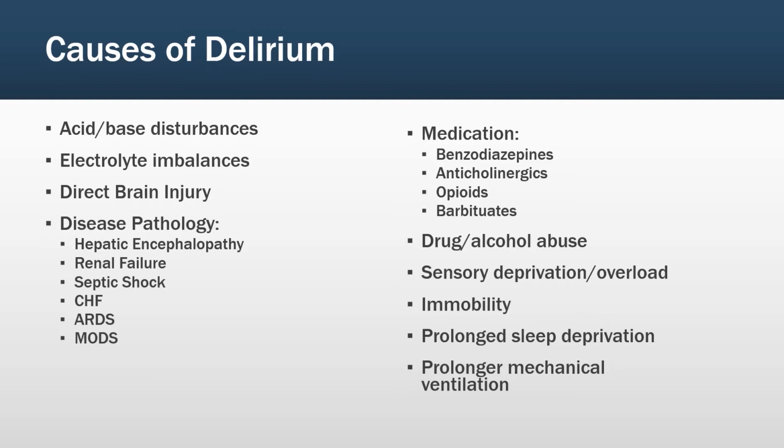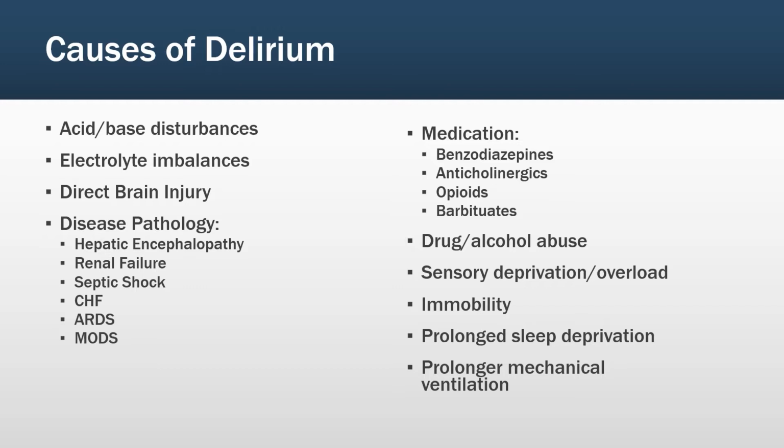Medications can also be involved, particularly benzodiazepines, anticholinergics, opioids, and barbiturates. Drug and alcohol abuse also plays a role in causing delirium. Sensory deprivation and overload, along with immobility, prolonged sleep deprivation, and prolonged mechanical ventilation, are all common occurrences, unfortunately, in the ICU, so you can see why our patients are at very high risk for delirium.